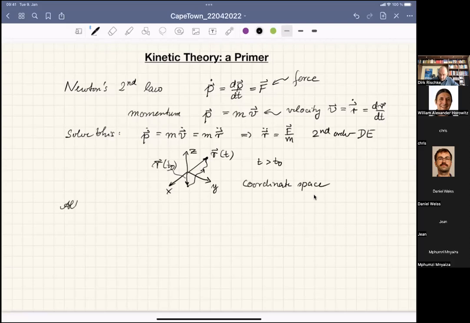For our purposes, we need an alternative to this approach, and without going into too much mathematical detail, instead of solving this as a second order differential equation, you could also solve this as a system of first order differential equations. So, for instance, you take the first order differential equation P dot equals F, and the first order differential equation r dot equals v equals momentum over mass.